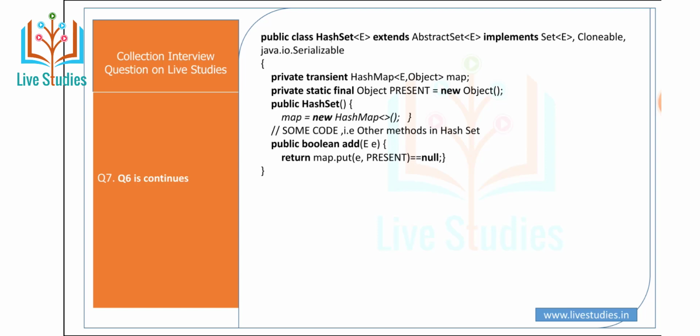So actually when you add a line like hashSet.add(3), what Java does internally is put the element 3 as the key, in the HashMap created during HashSet object creation, with a dummy value, that is an Object, passed as the value to the key.